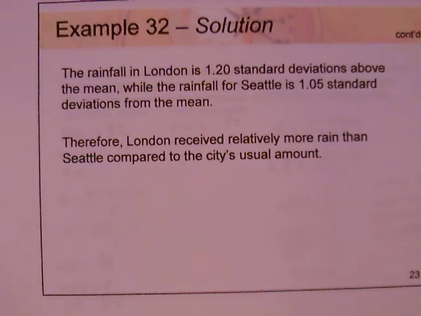Therefore, London received relatively more rain than Seattle compared to the city's usual amount, because that Z value for the rainfall in London was higher than the Z value for the rainfall in Seattle.